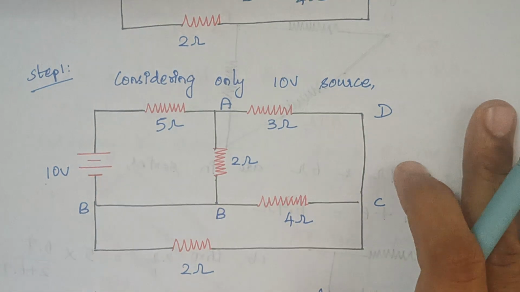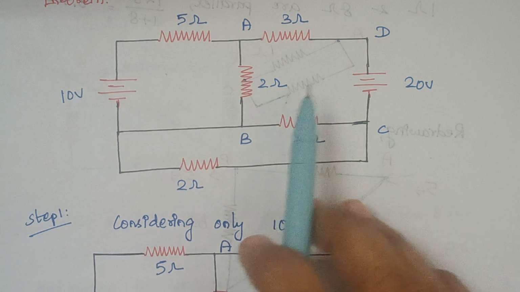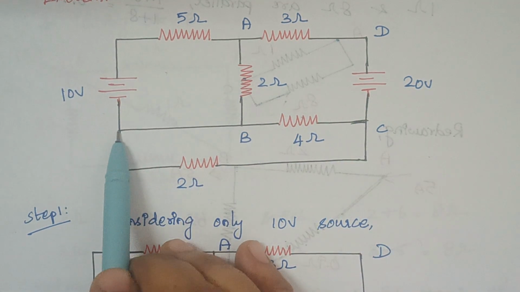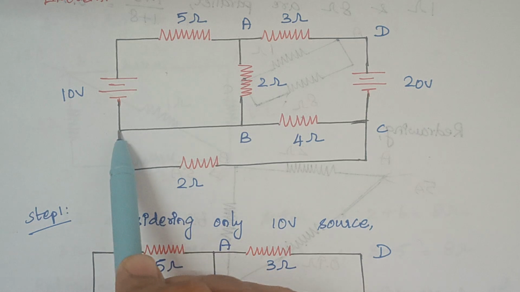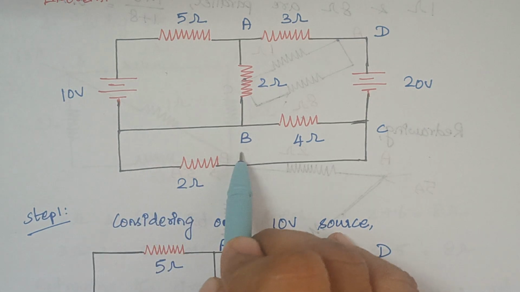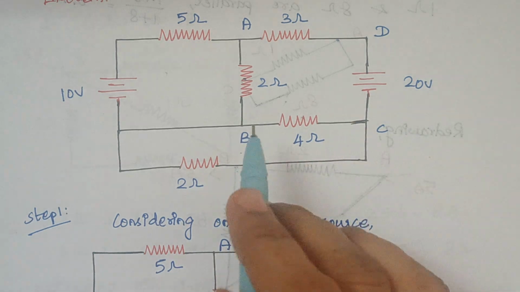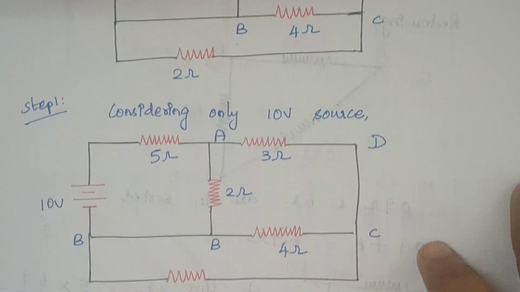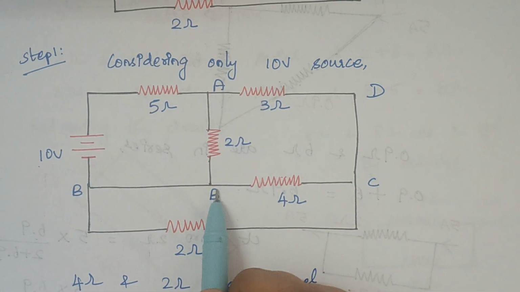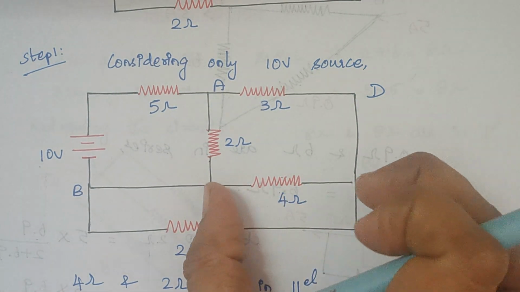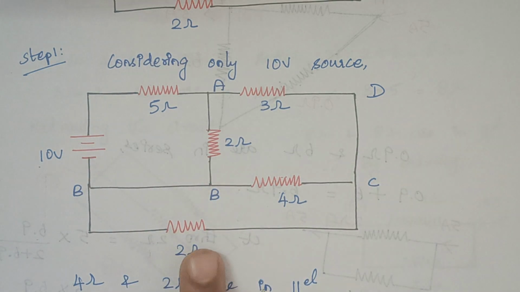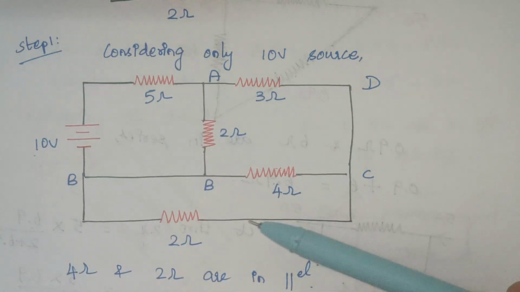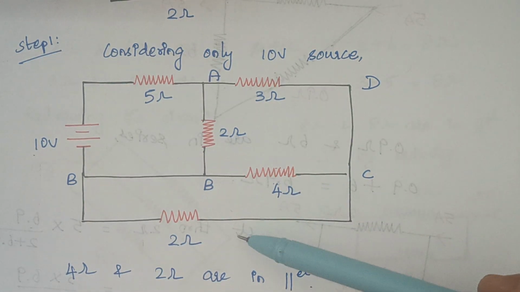Right. So here in this circuit diagram, this is B and C. This node is also at the same potential as B. So this 4 ohm is connected between B and C, and again this 2 ohm is connected between B and C. So these two resistors are in parallel.